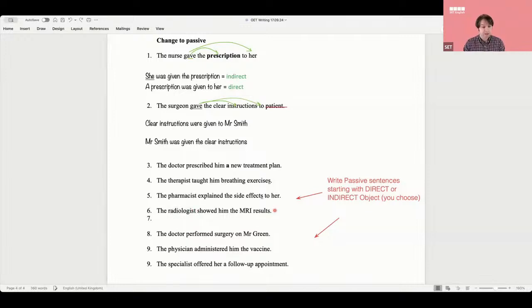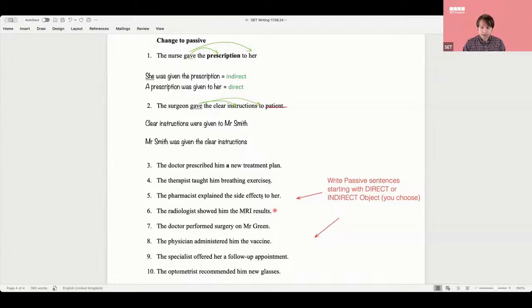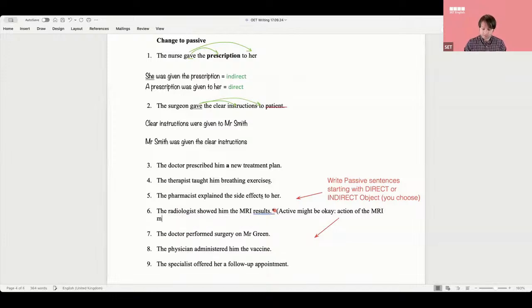But yeah, you might be able to say, let's talk about that. All right, we'll talk about that in a minute. Active is possible here because it's the object, right? The active might be okay because the action of the MRI machine. Yeah, exactly right. So you could say the MRI showed.